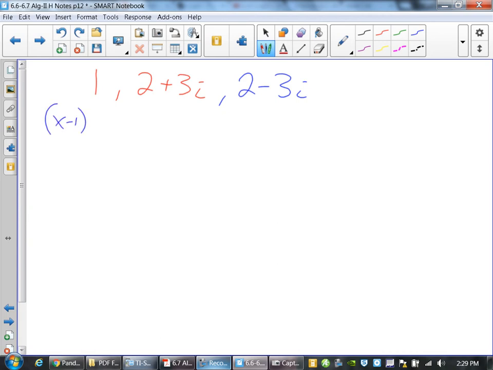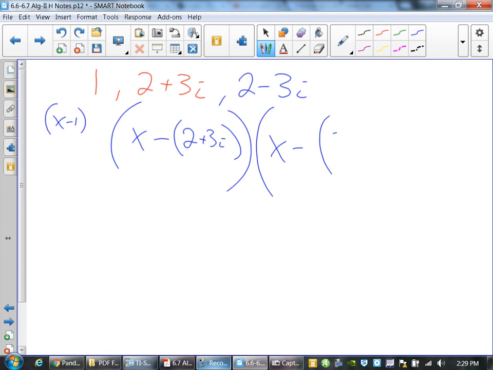Now, long form means I'm going to write it as x minus (2 plus 3i), because that's what that meant. x minus 1, x minus the zero, x minus the zero. What's out in front right here that you don't see?